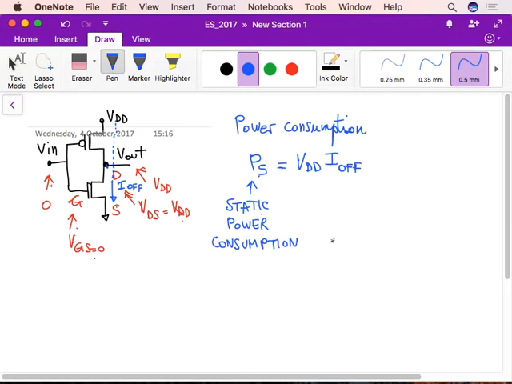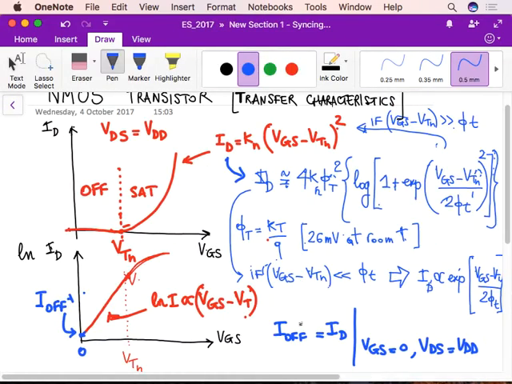So if you look at the expression that I've written above, the power consumption is proportional to this exponential, but VGS is equal to 0, so the power consumption is proportional to exp of minus VTN over 2 phi t.